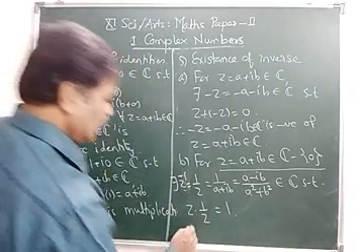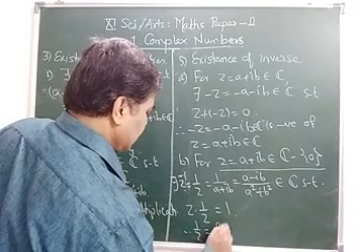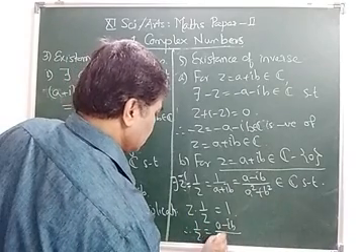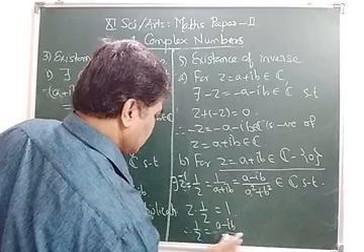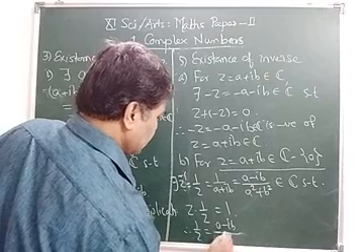And therefore 1 by Z is nothing but A minus iB upon A square plus B square.